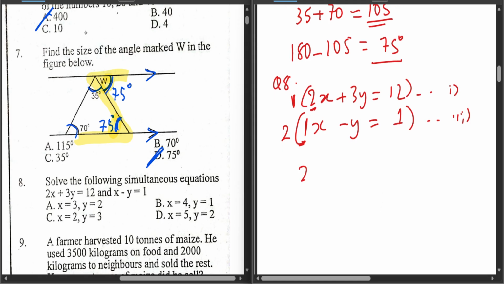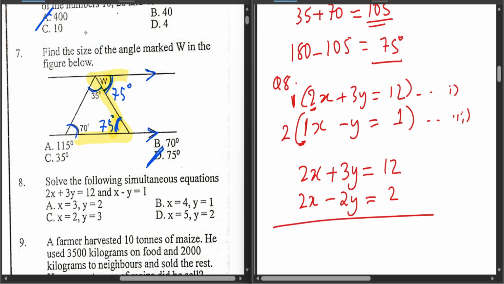So 1 times 2x is going to give you 2x. 1 times 3y is 3y. 12 times 1 is 12. 1 times 2x is 2x. 2 times negative y is negative 2y. 1 times 2 is 2. Now let's subtract, because same signs subtract.